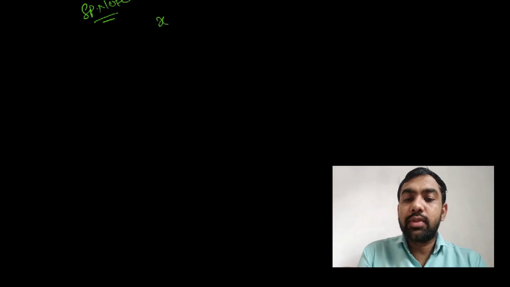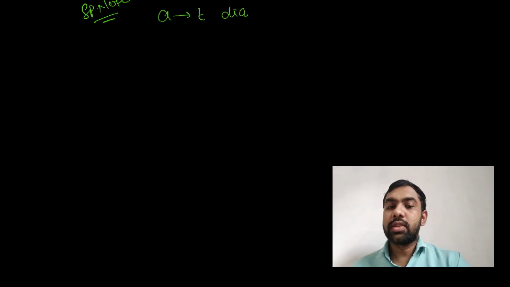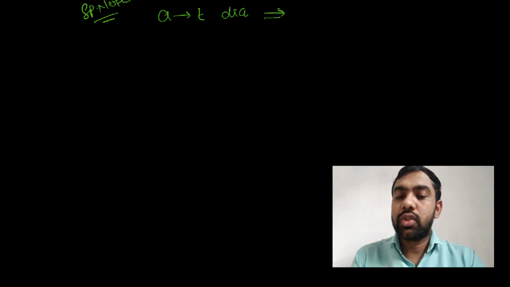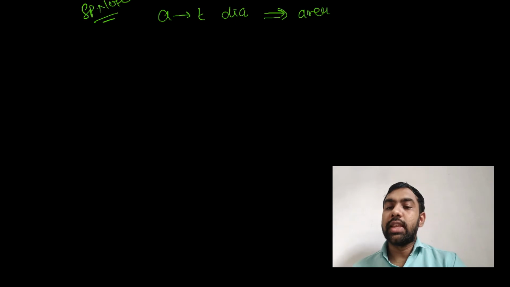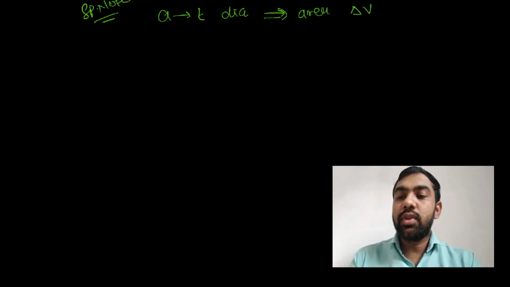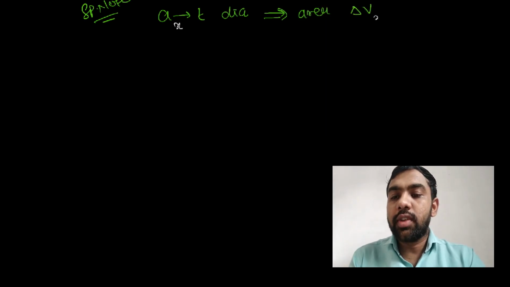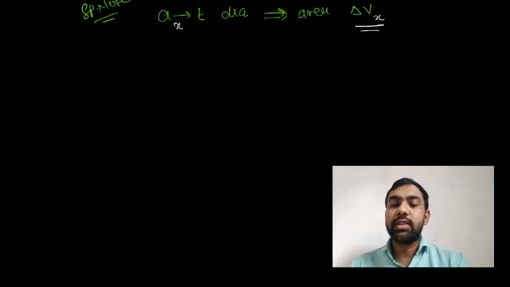Suppose you have an a versus t diagram. So what is the area? Area is equal to delta v, the change in velocity. If you consider an ax versus t diagram, then the change in velocity is delta vx.